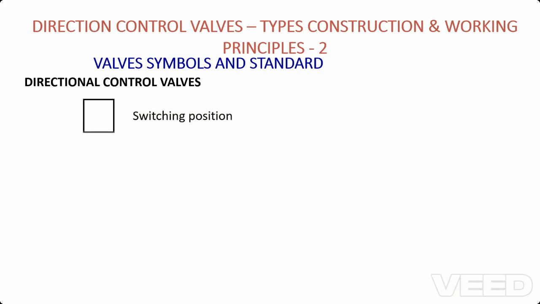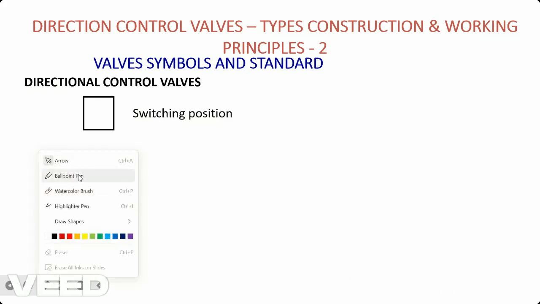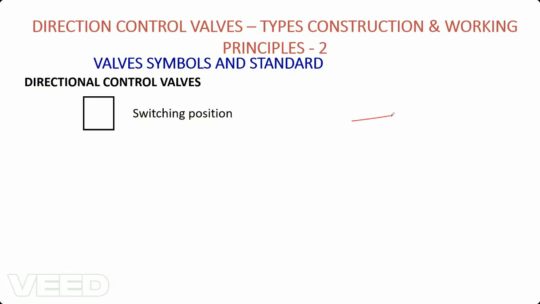Firstly, if we have one square box, we call it one position. If we have two square boxes, we call it two positions. If I have three square boxes, I call it three positions. In this way, we will be determining the second number.